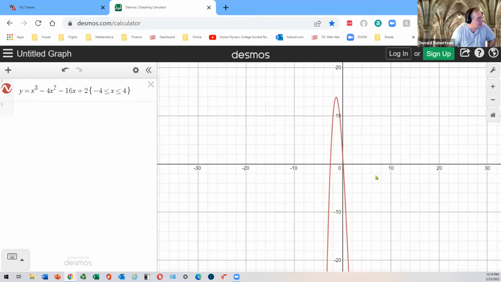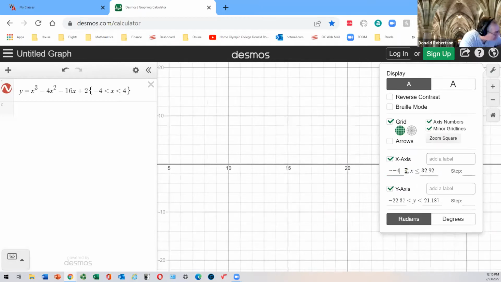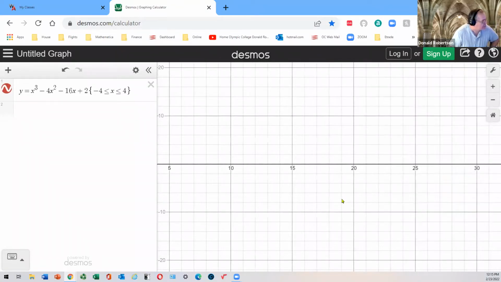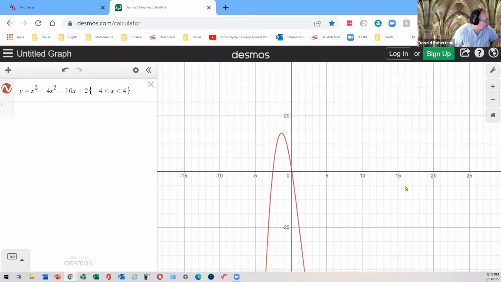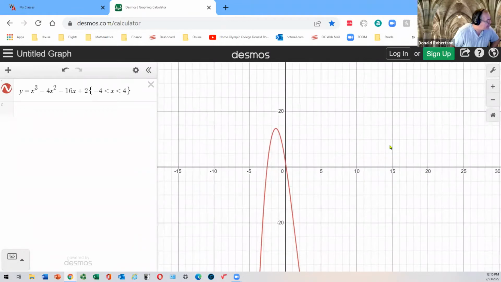There we go. Maybe shrink it up a little bit. I'd probably go here and change the x's to be negative 4 to positive 4. Okay, and click off that. And I need y is probably about 20, negative 20 would probably do it.